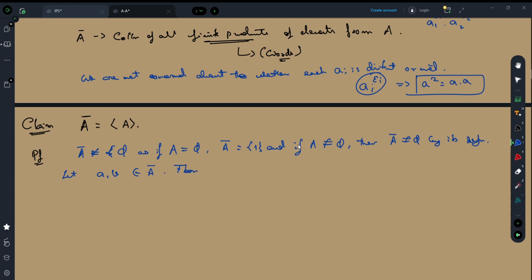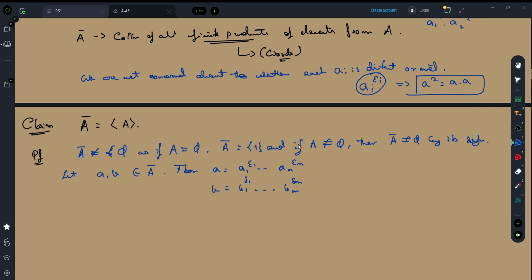Okay. Now let a and b be elements from A bar. Then precisely they acquire the form which we have just written down. So a is of the form a1 to the power epsilon 1 till an to the power epsilon n, and let's say b is of the form b1 to the power delta 1 till bm to the power delta m.